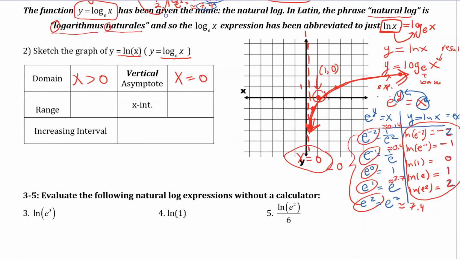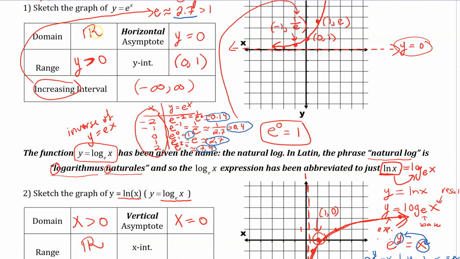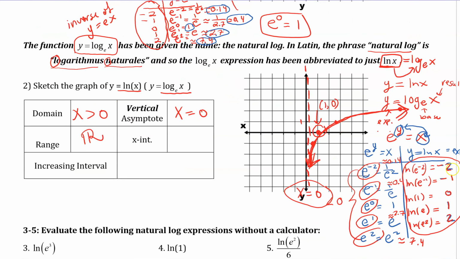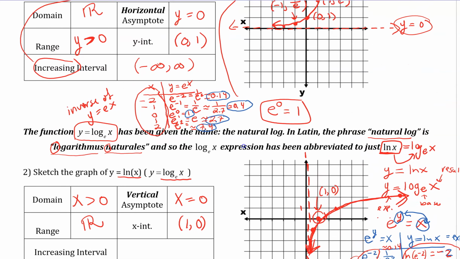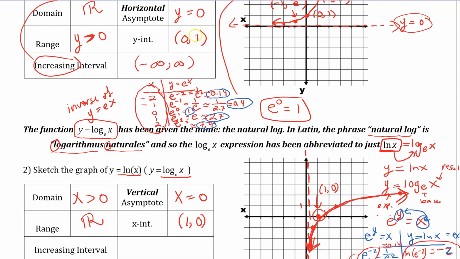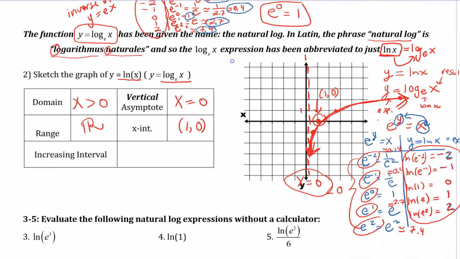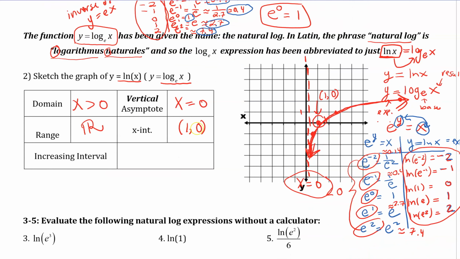We switched that now, though, and so now it's the domain that stays positive. And before it was the domain that could be any real number, right? When I plug in -2 and -1 and all that for x. Well, now those values are your outputs, the y values. So the y values are what can be any real number. And the ordered pair of the y-intercept switched, right? The point (0, 1) switches to become an x-intercept of (1, 0).